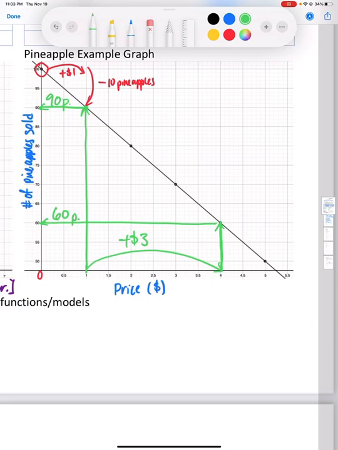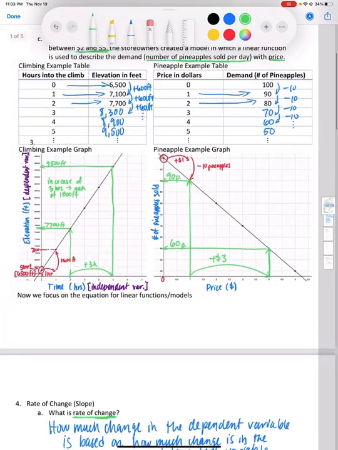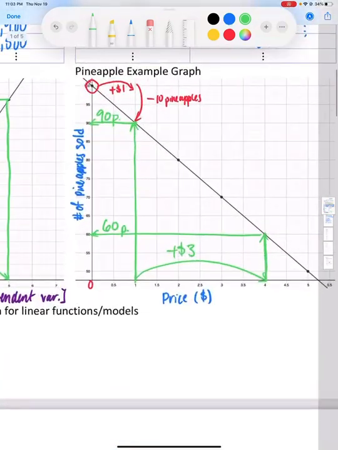So that's a decrease of 30 pineapples. So an increase of $3 corresponds to a decrease of 30 pineapples.